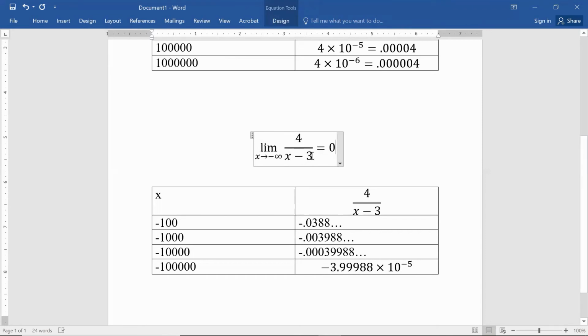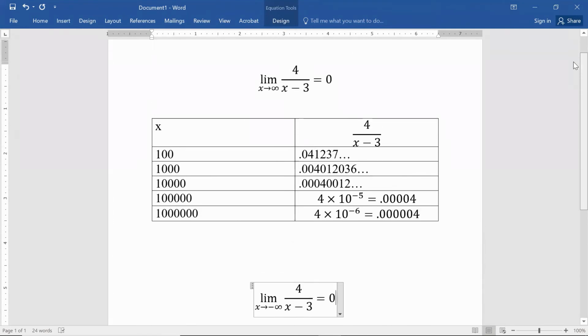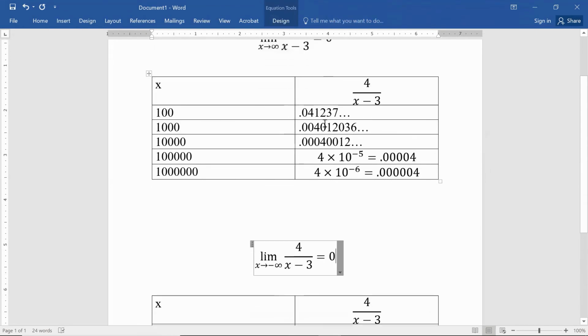As my denominator gets really, really big and my numerator is staying 4, the denominator getting really, really big is forcing the fraction to get closer to 0. When I say big, I mean big in absolute value. As the denominator gets really, really big in absolute value, the entire fraction becomes 0.